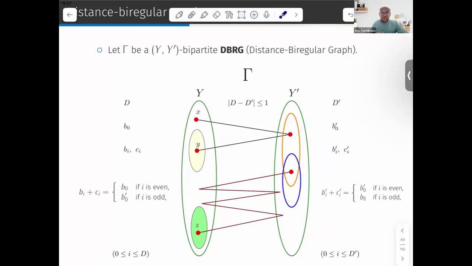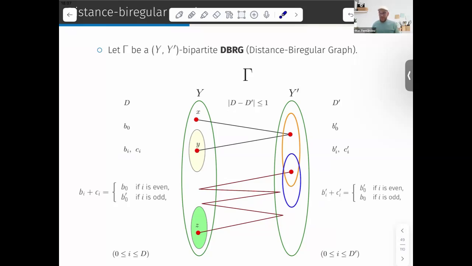And we can also define intersection arrays for vertices in Y and for vertices in Y prime, and we will denote them by b_i and c_i, and b_i prime and c_i prime respectively. And we have some relations between b_i and c_i as follows in each case, and similarly with b_i prime and c_i prime.